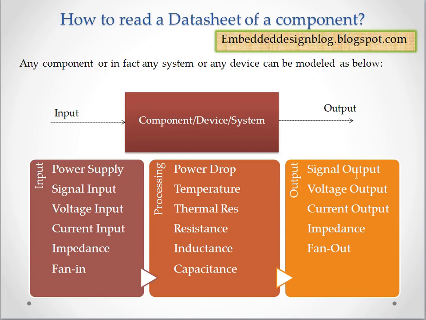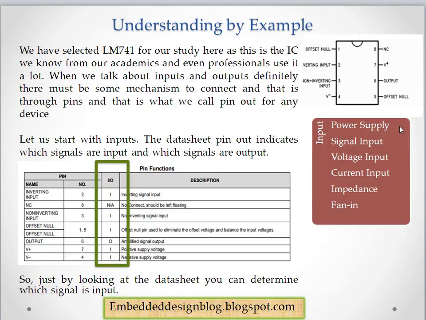And then when we go further, let us take an example of 741, which is a simple op-amp. Many academics use it, and the professionals also use that. So for that particular 741 op-amp, when you are using it, and when we are saying there are inputs, there are outputs, definitely to connect those inputs and outputs, there are pins associated with it.